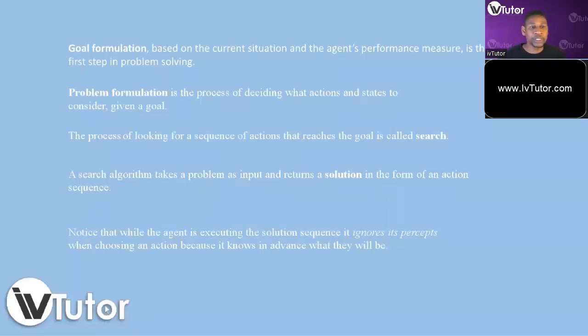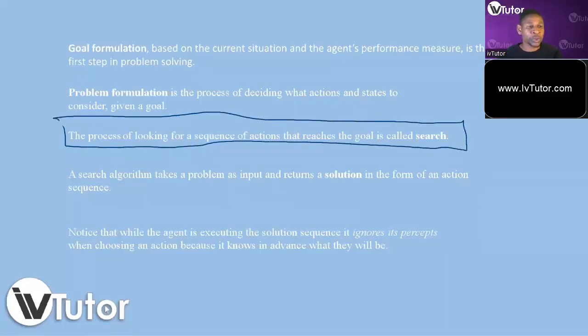So we said goal formulation, based on the current situation, is the first step to problem solving. And then problem formulation is the process of deciding what actions and states to consider given a goal. The process of looking for a sequence of actions that reaches the goal is called a search. So searching is the process of looking for a sequence of actions that will eventually get to the goal.